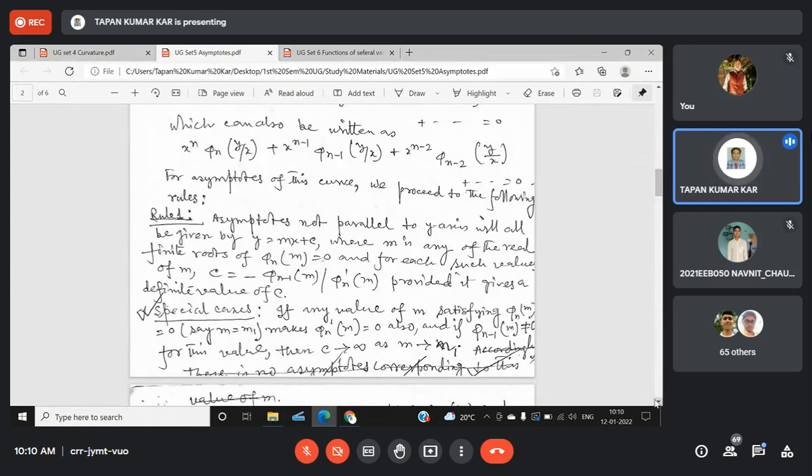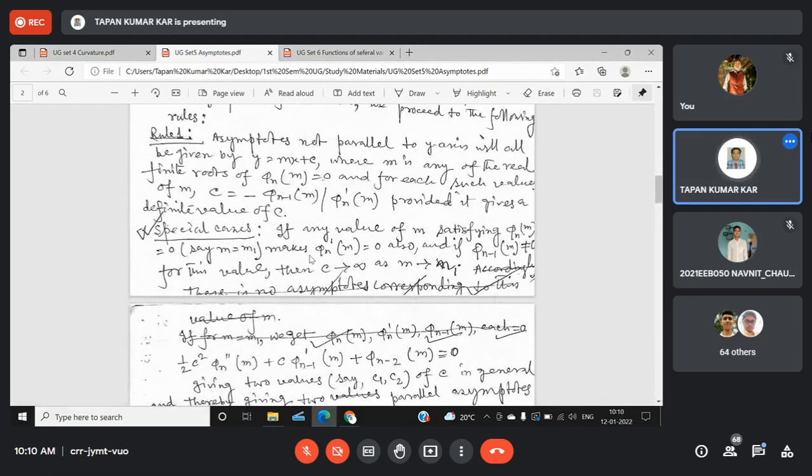Only remember that phi n m means this term, phi n minus 1 means these terms, phi n minus 2 means these terms. If for any value of m satisfying phi n m equal to 0, say m equal to m1, phi n dash m also equal to 0 at that value, then what will happen? If the denominator is 0 but the numerator is not equal to 0, then c tends to infinity as m tends to m1.